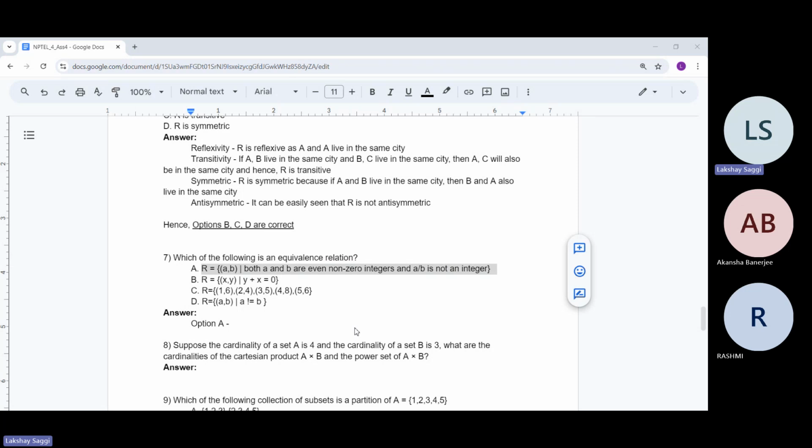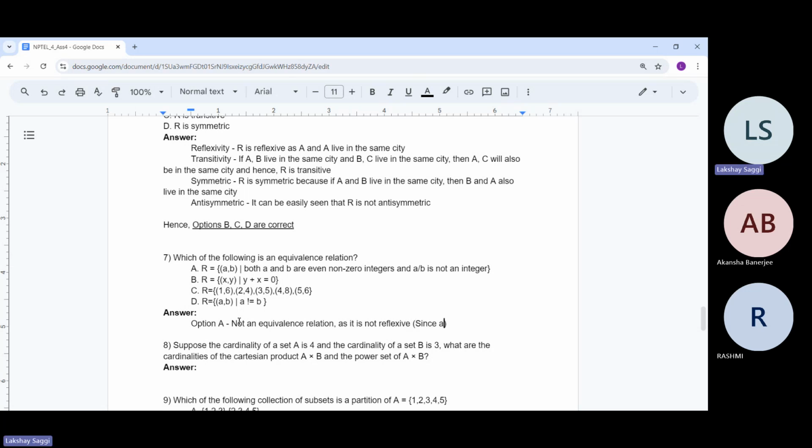Yeah, so Akansha is saying that it is not reflexive, so it won't be an equivalence relation. Good job, Akansha. So you're correct. Not reflexive, so not an equivalence relation as it is not reflexive. And why is this the case?